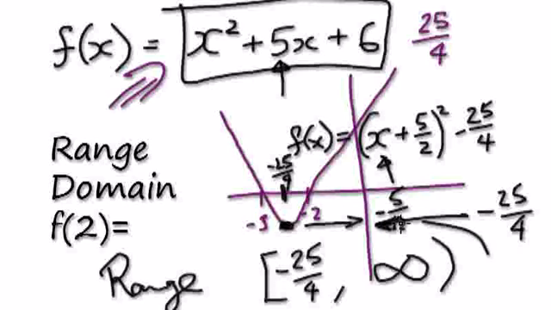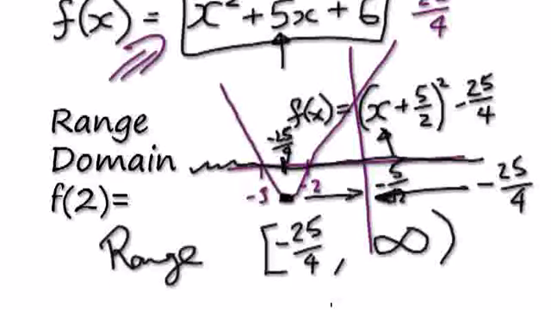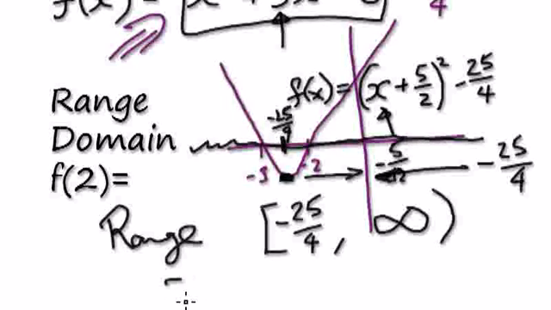So this here would be our range. The domain could be anything on the real number line. So you would say the domain is x belonging to the real numbers.